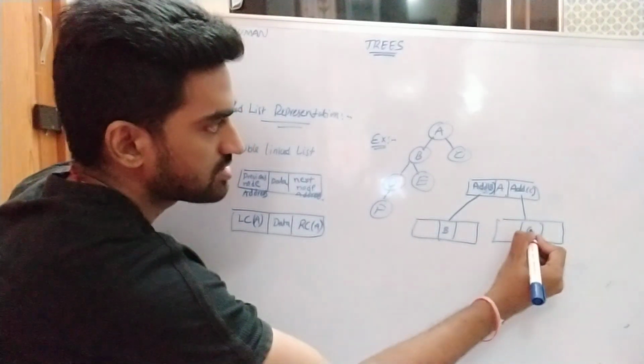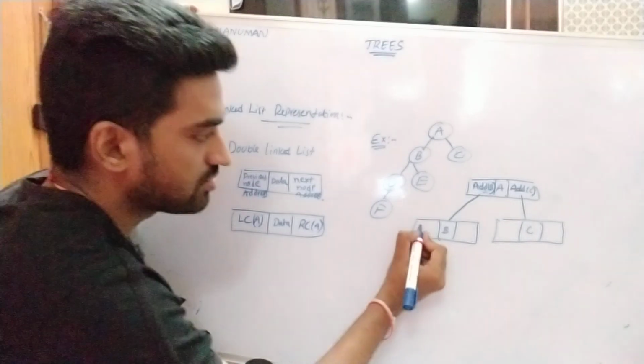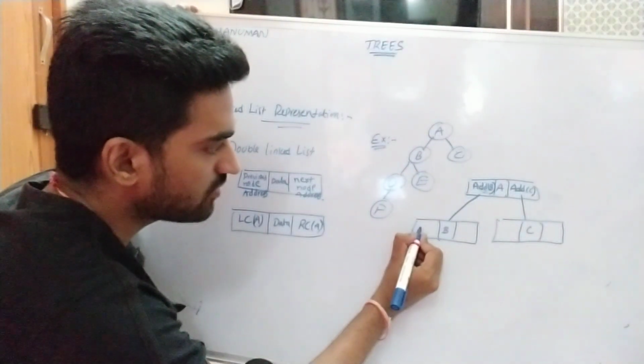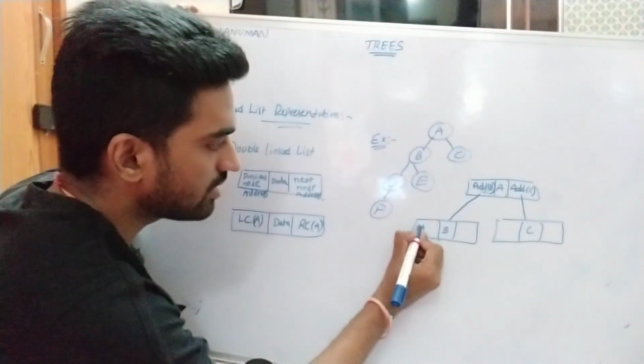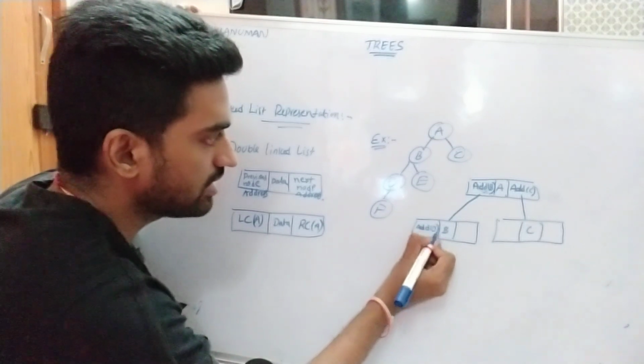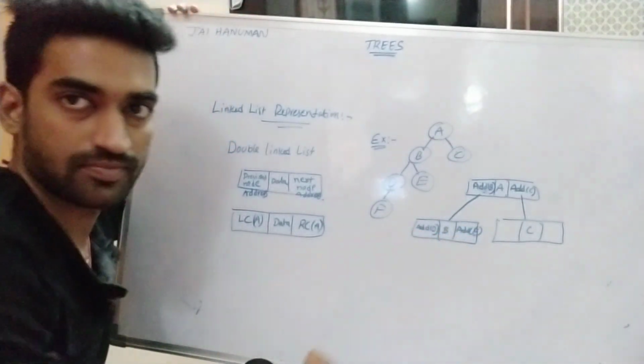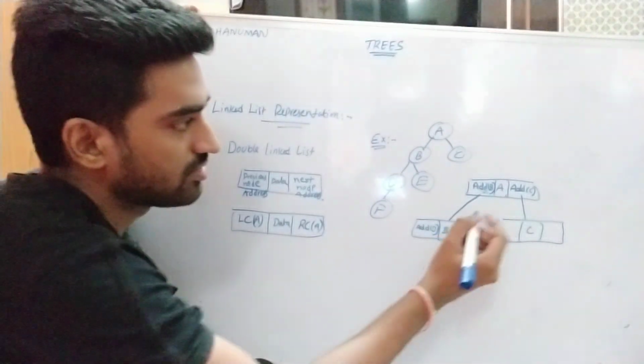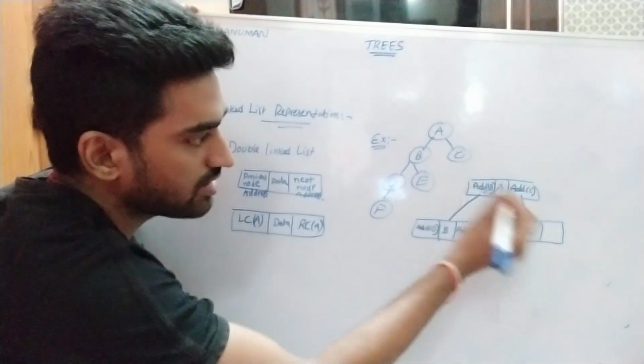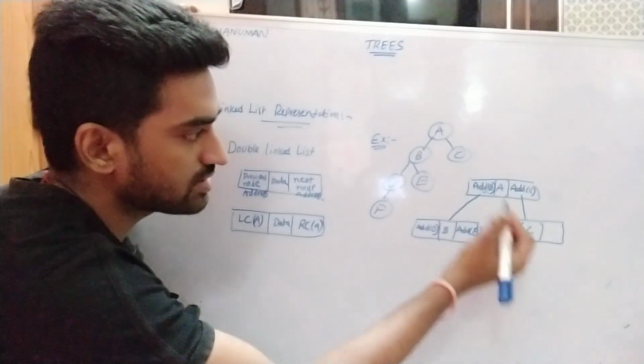What is the left child for node B? D. So the address of D, and the address of E for the right child.